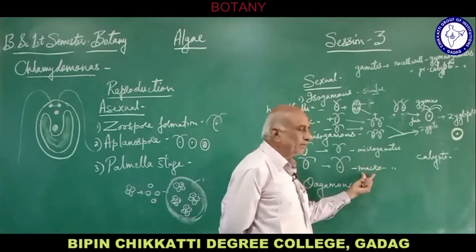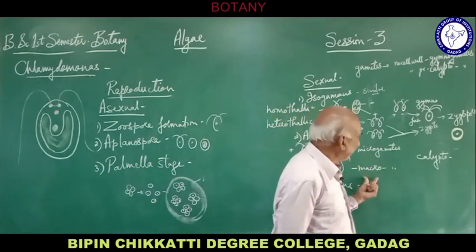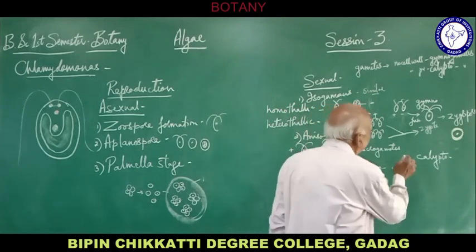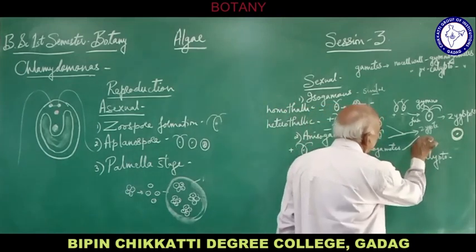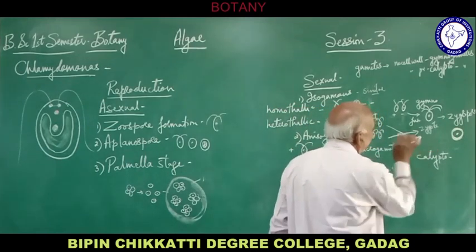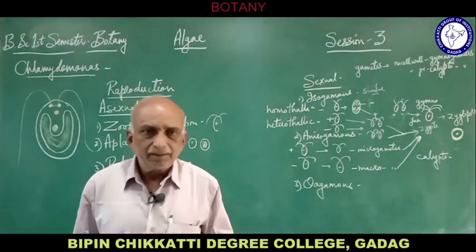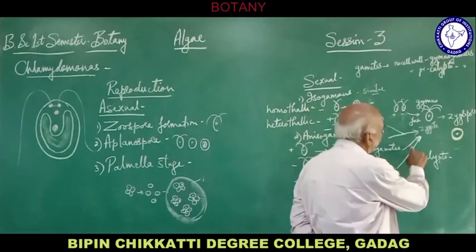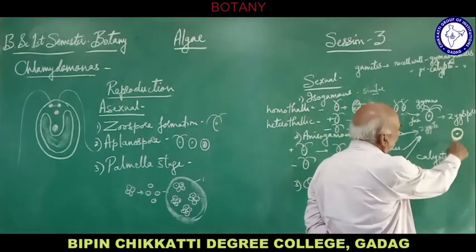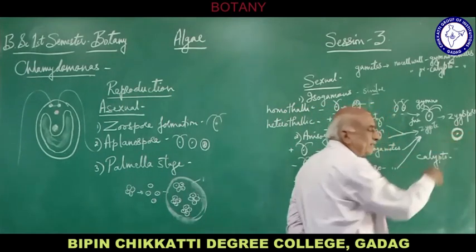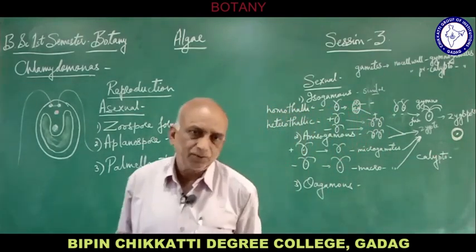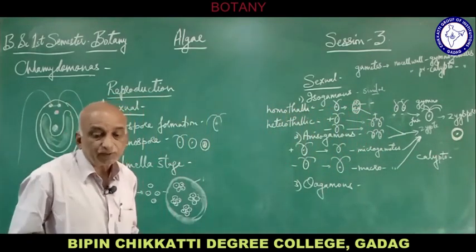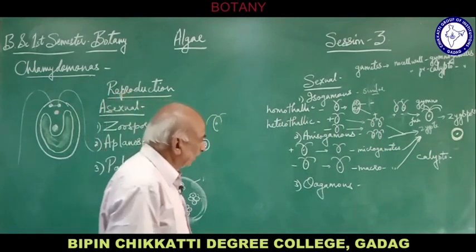The larger are minus type or the female, they are called macrogametes. So macro and micro again will fuse and form the zygote like this. The two cells, the small and the large, fuse and form the zygote. Then the zygote develops a thick cell wall and forms the zygospore. That is in anisogamous type of reproduction.